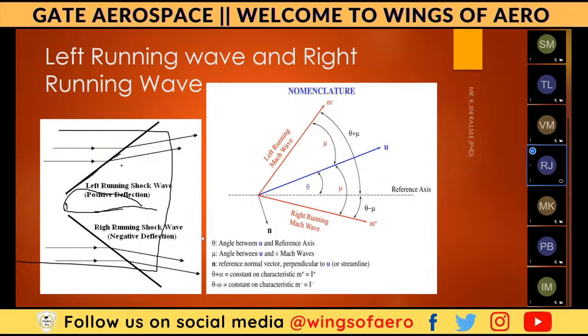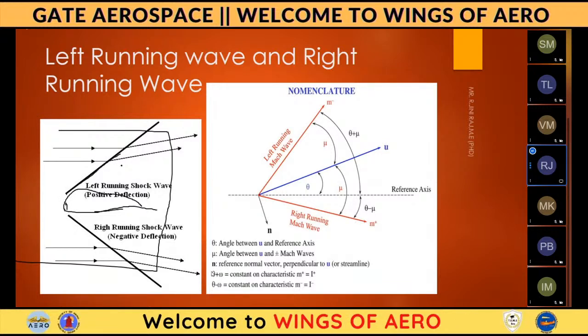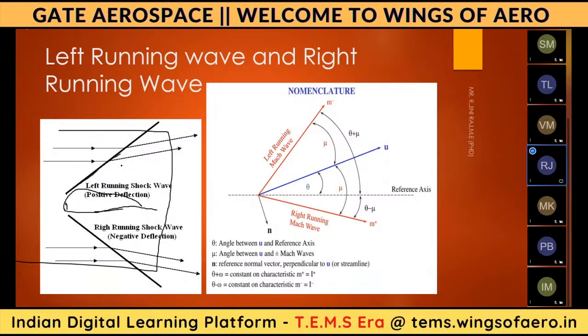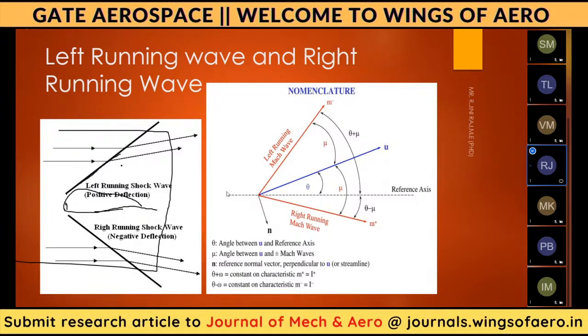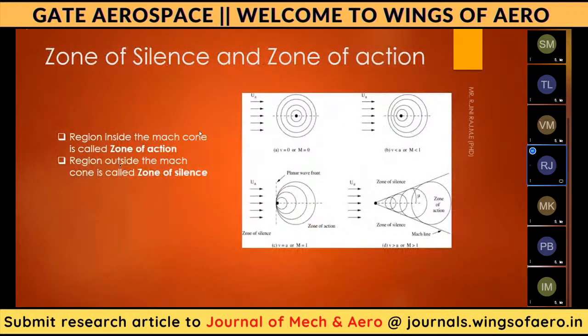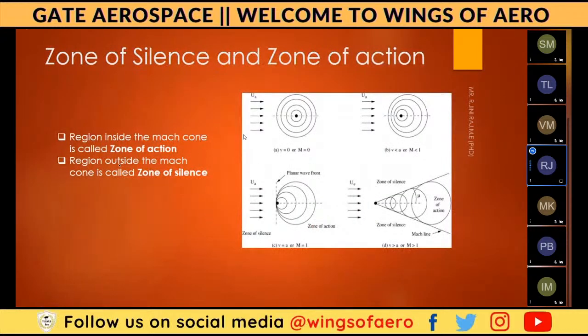Okay. So shock waves which move to the left side are called left running waves, and those which move to the right side are called right running waves. Okay. These things we will be seeing in Mach reflection and interaction of shocks, in the topics where we will see this in more detail. Okay. Then next thing is the zone of silence and zone of action.